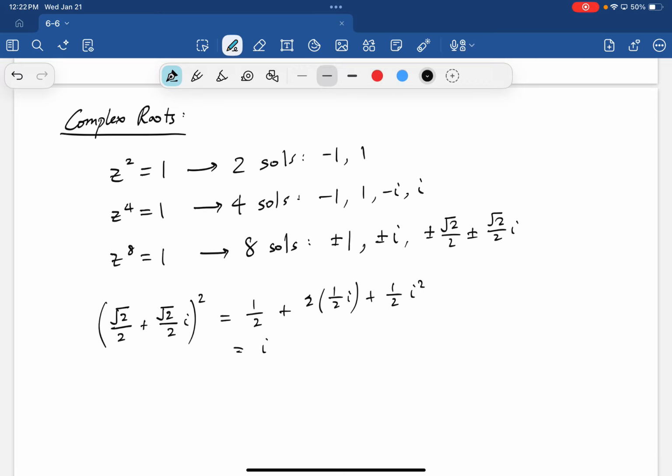So this is actually the square root of i. If somebody asks you what's the square root of i, that's what we say. And so root 2 over 2 plus root 2 over 2 i to the power of 8 is going to be i to the 4th, which is -1 squared, which is 1.